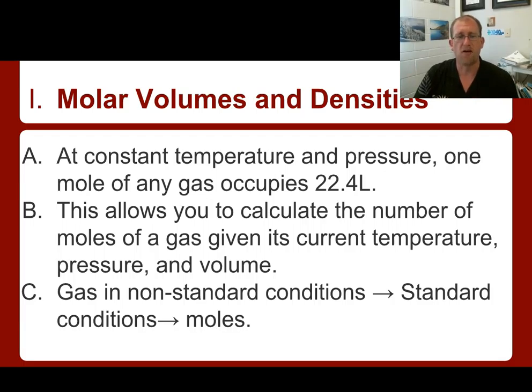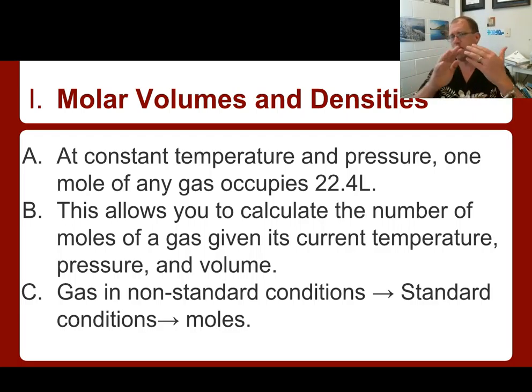So at a constant temperature and pressure, 1 mole of any gas, doesn't matter which one, occupies 22.4 liters of space. So that's really helpful. The size of the molecule does not matter when it comes to how much room a gas takes up. And that's because so little of the space that a gas takes up is actually the matter.